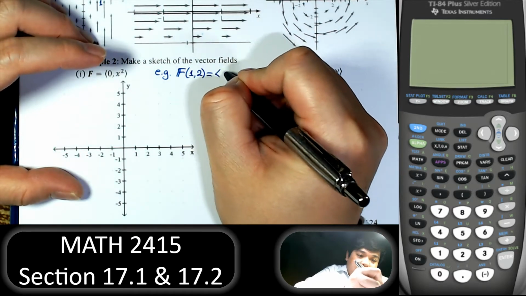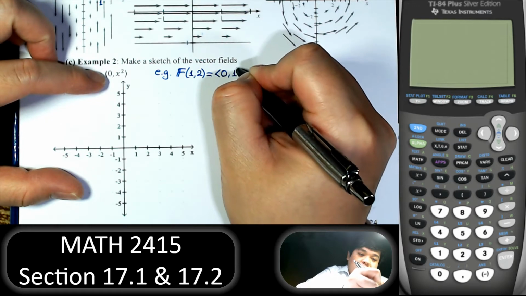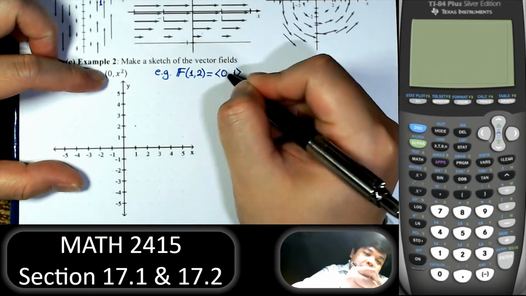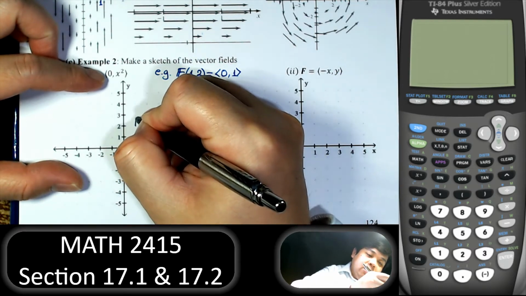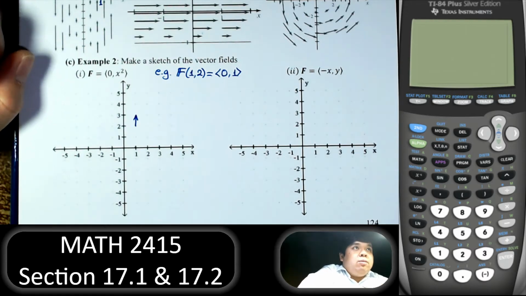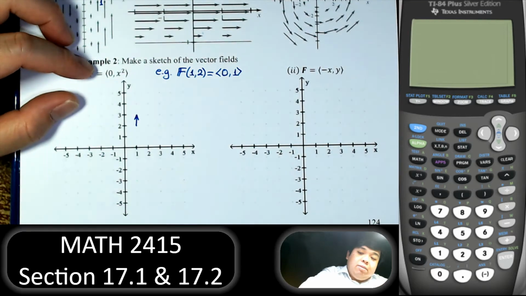The vector will be (0, x squared), which is 1 squared, still 1. So at the point x equal to 1, y equal to 2, that is the vector pointing up. The length is 1, pointing up.